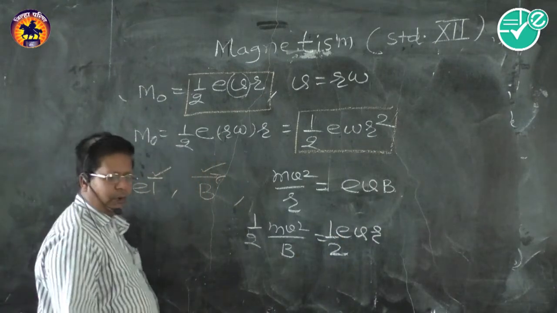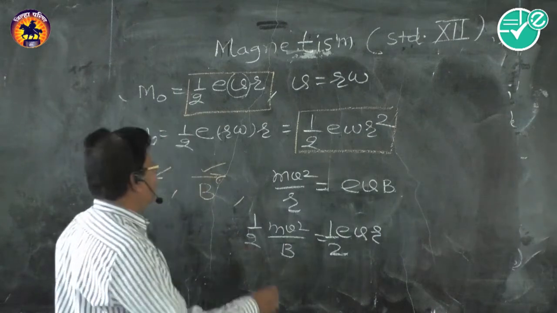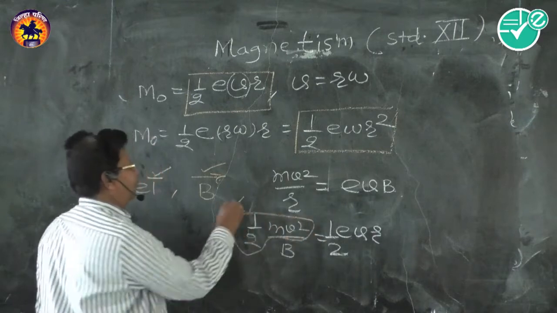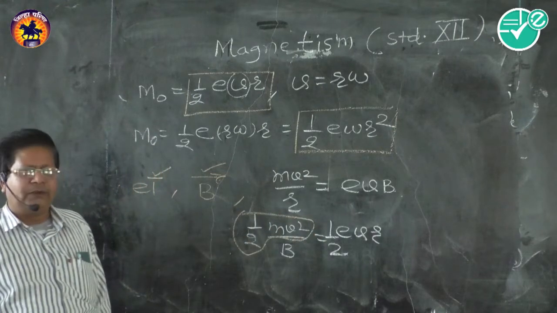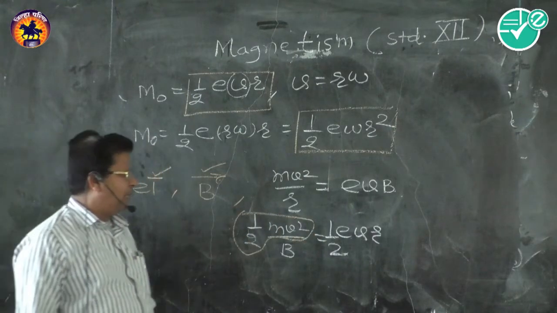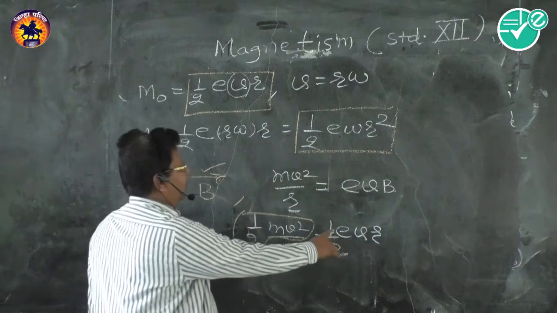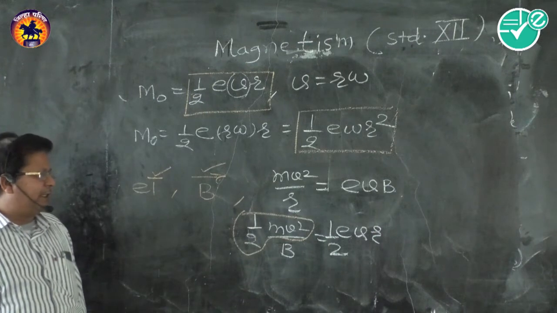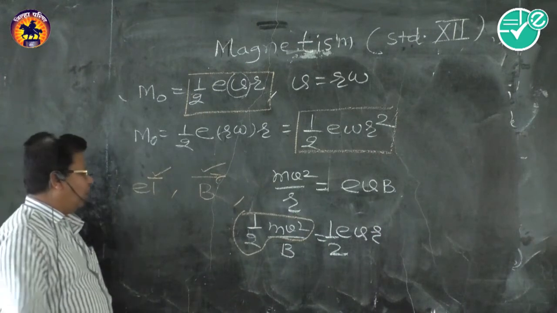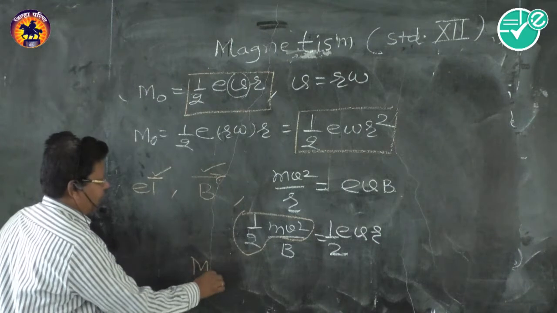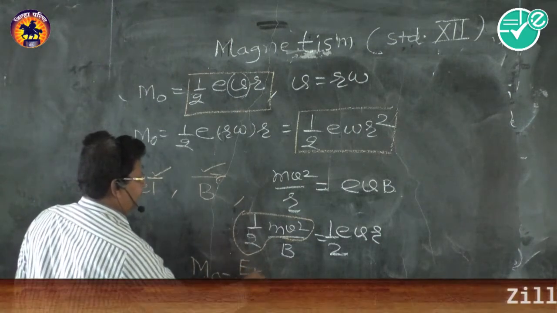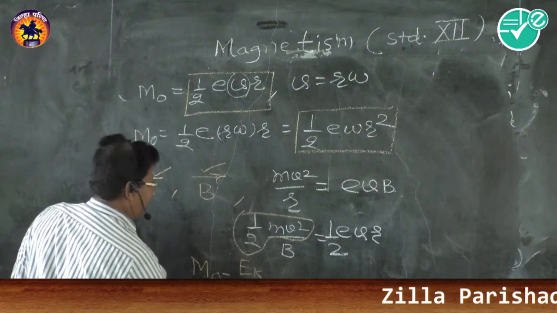And therefore again we found a new formula, as we know that the half m v square is called as kinetic energy, and the right hand term half e v r is called as orbital magnetic dipole moment. So another formula is M_O is equal to kinetic energy E_K divided by B.